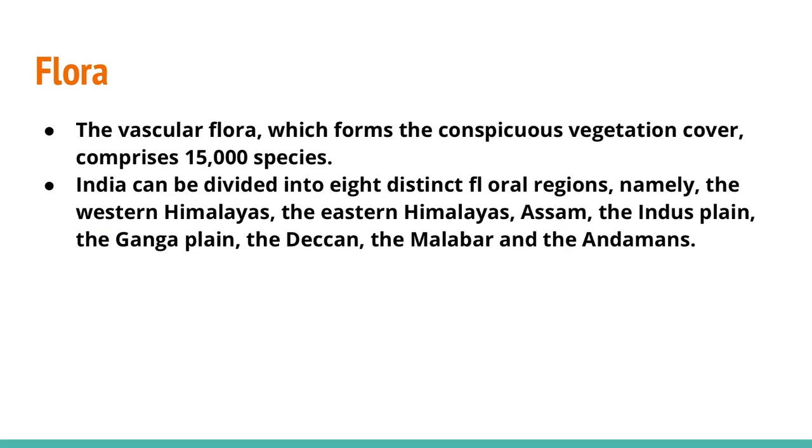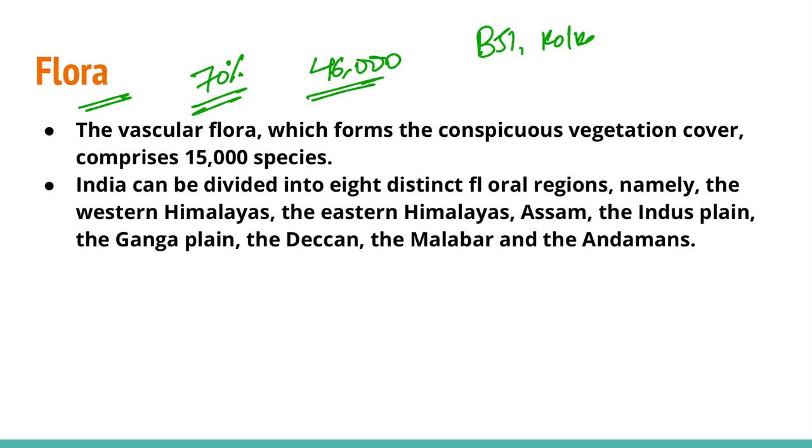Flora. So India is rich in flora. From about 70% of the geographical area surveyed so far, over 46,000 species of plants have been described by the Botanical Survey of India, which is in Kolkata.